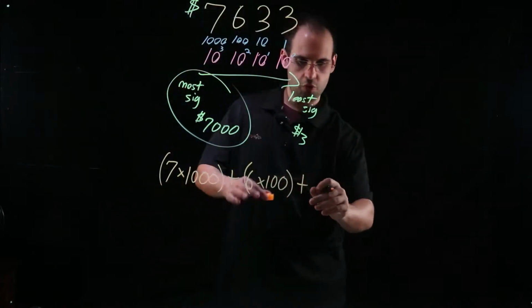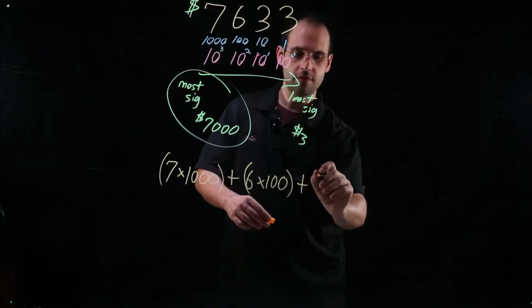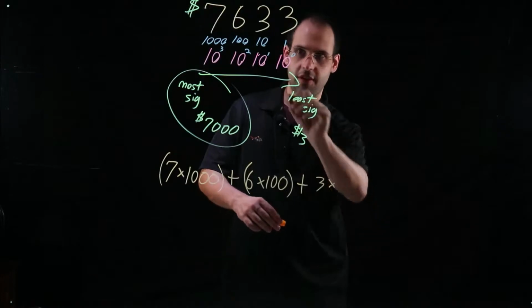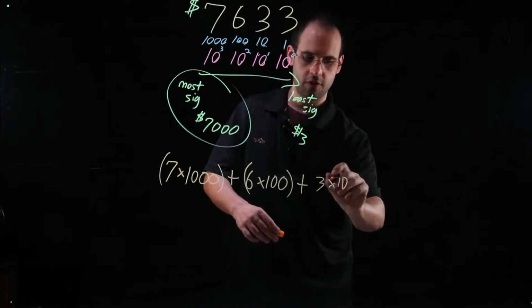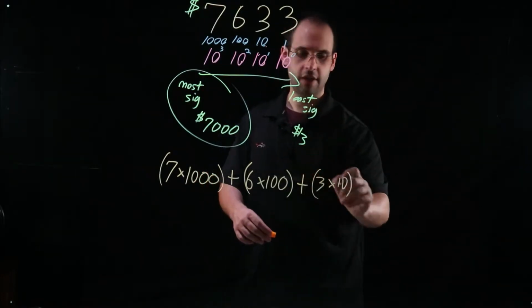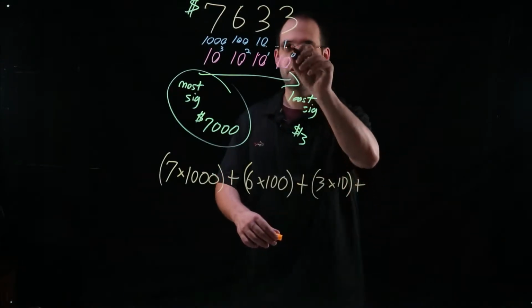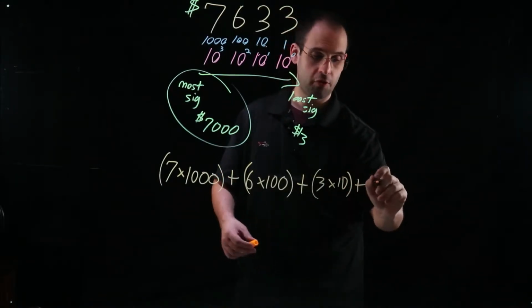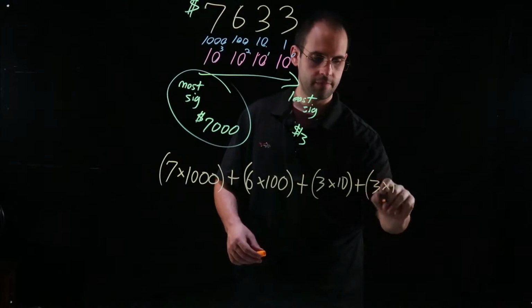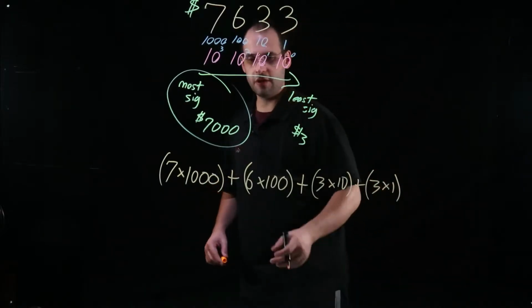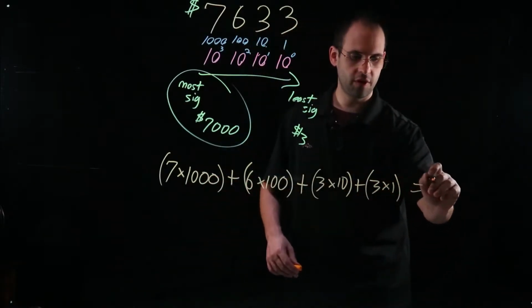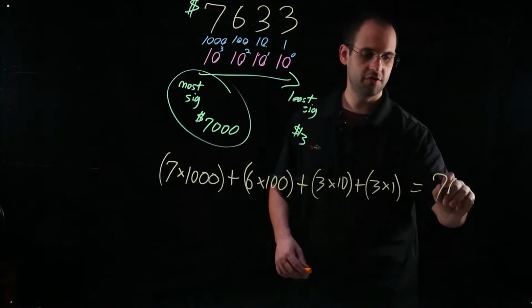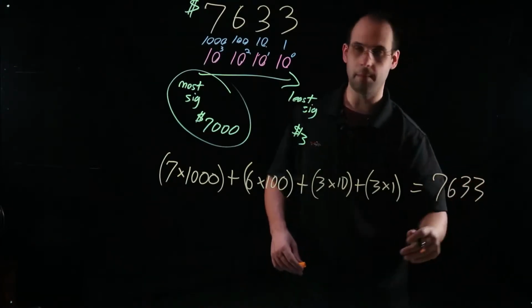And then 3 times the tens position, so 30. And then one more, 3 times the ones position, or 3 times 1, which is 3. Altogether we get 7,633.